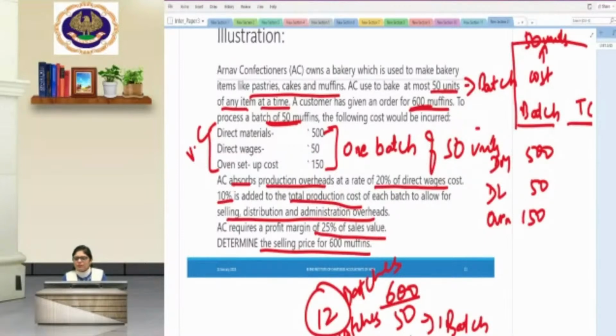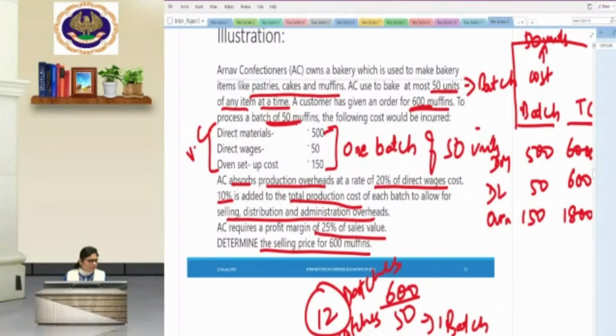So 12 into 500, 6,000. 12 into 50, it is 600. Okay. Now calculate the oven cost. It is 1,800. Clear? So direct material, direct labor, and oven cost are cost per batch. That means cost per 50 units, not for one unit. So you have to calculate for 12 batches. So just multiply it by 12.